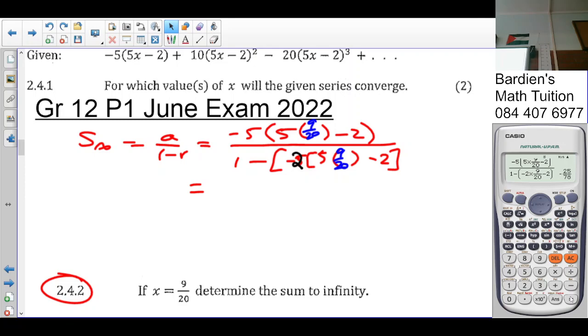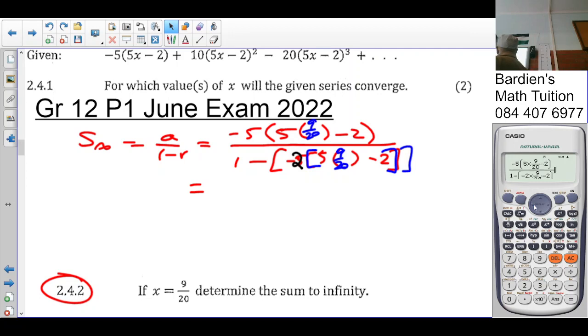The answer should be negative 5 over 6. I'm messing my brackets up.